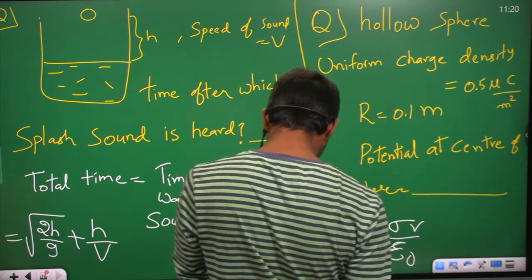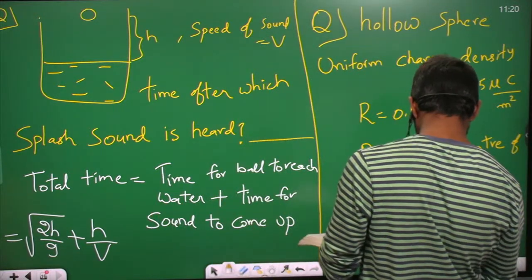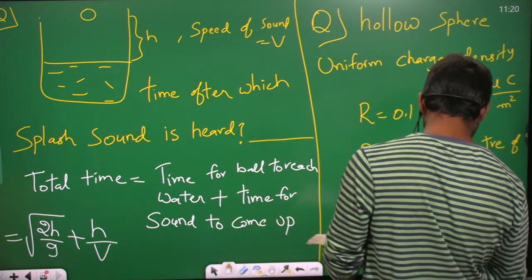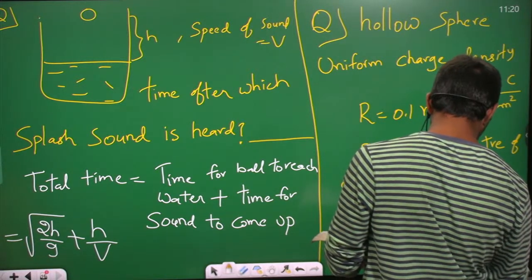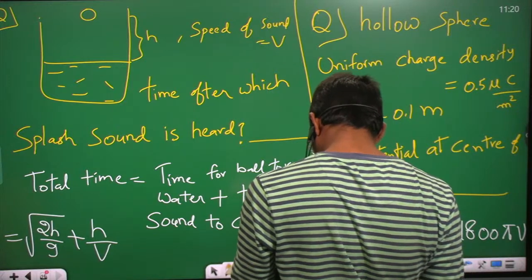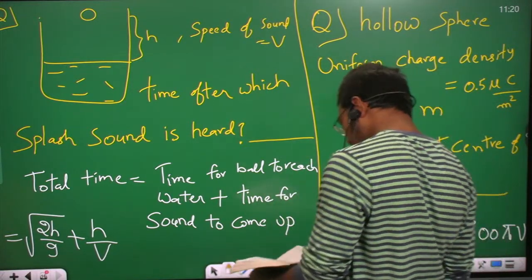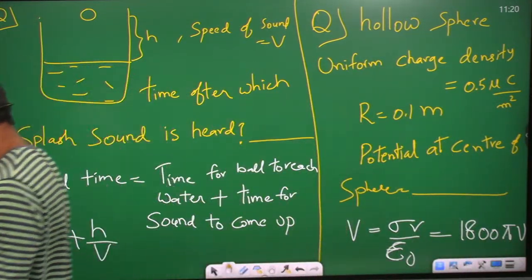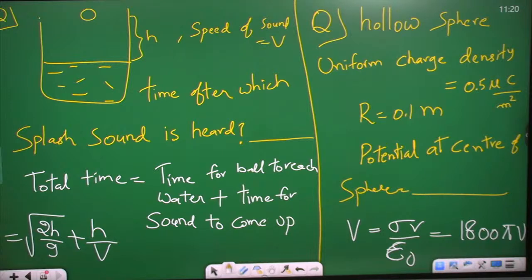If you substitute the values, direct formula, 1800 pi volts, where epsilon naught value is 4 pi into 9 into 10 power 9, 1800 pi. Okay, surface area, you need to take surface area.